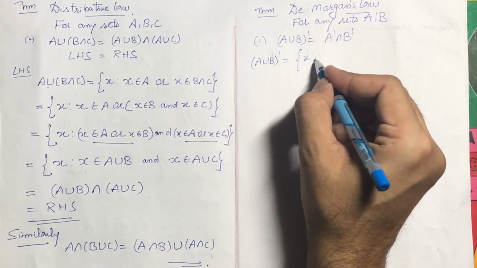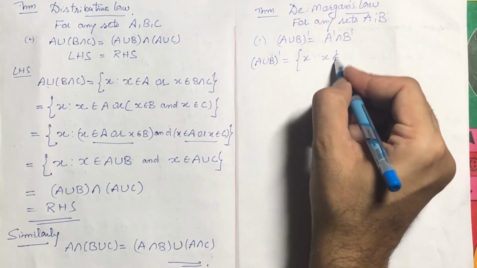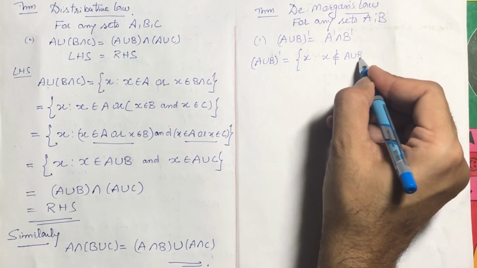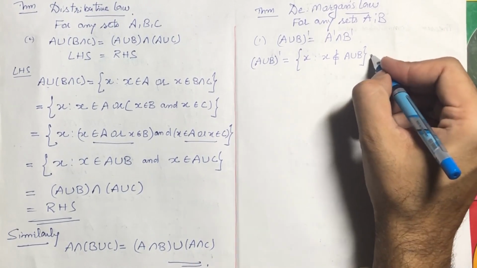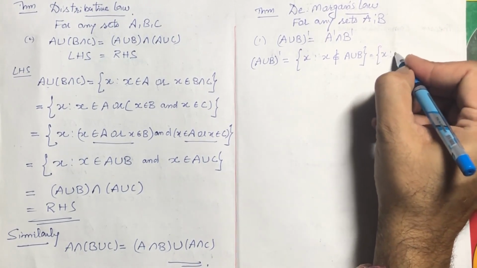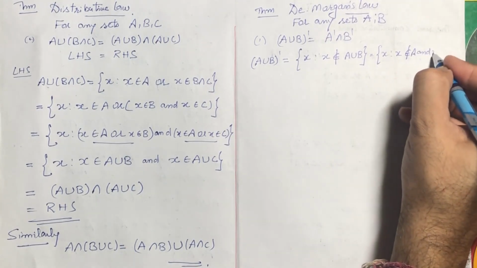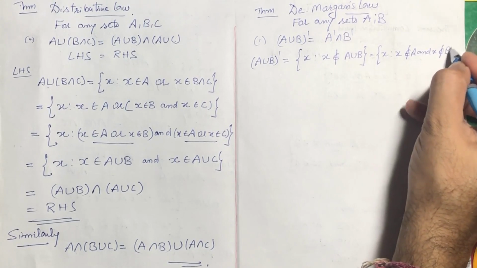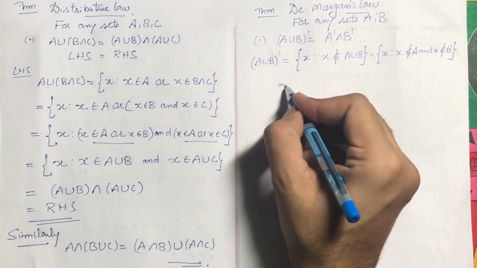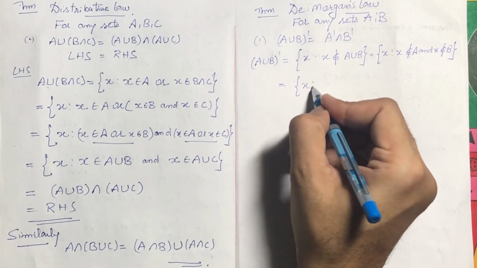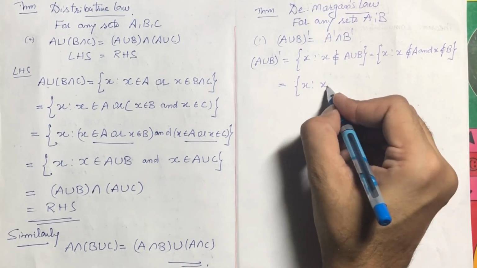So this is the set of the form that x does not belong to A union B, and which further implies all those elements x does not belong to A and x does not belong to B. So you see, if it does not belong to A, it belongs to its complement.